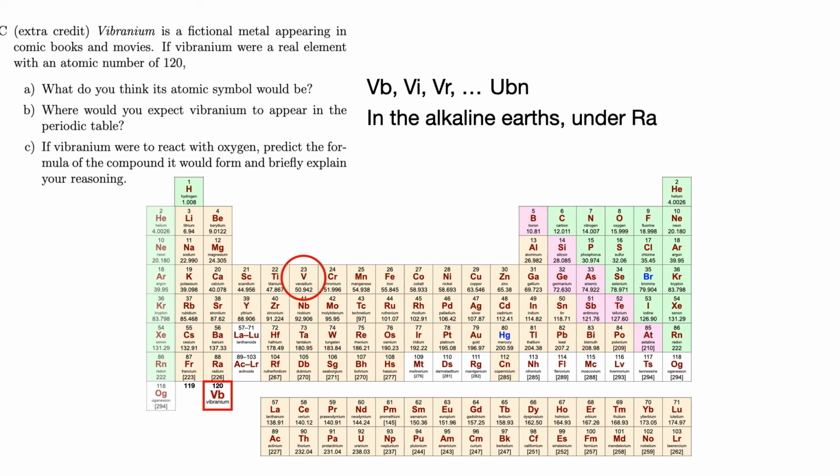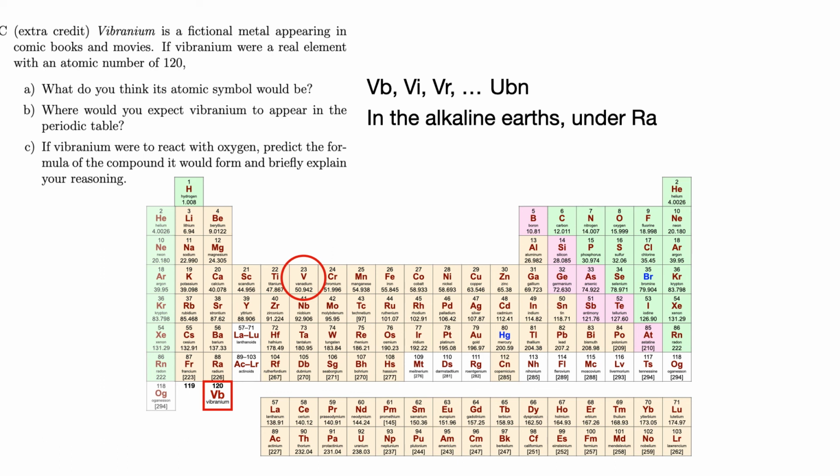And then as far as the formula of a compound that this would form with oxygen, well, vibranium is a metal. We're told that it's a metal, and it's also in the metals region of the periodic table. And oxygen is a nonmetal, of course. Oxygen tends to form 2- ions.